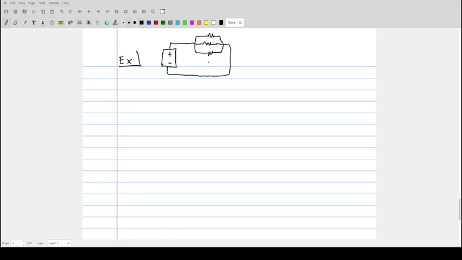So let's say that resistor 1 is this R1 right here, resistor 2 is R2, and resistor 3 is R3.